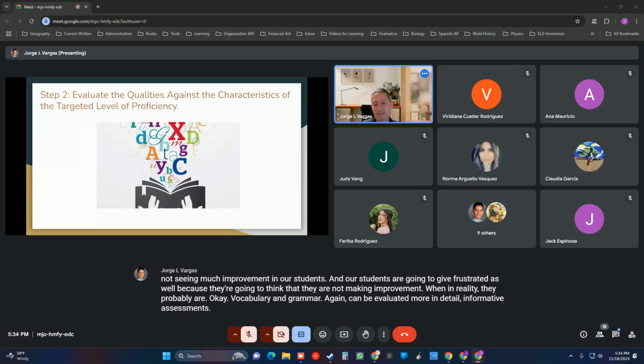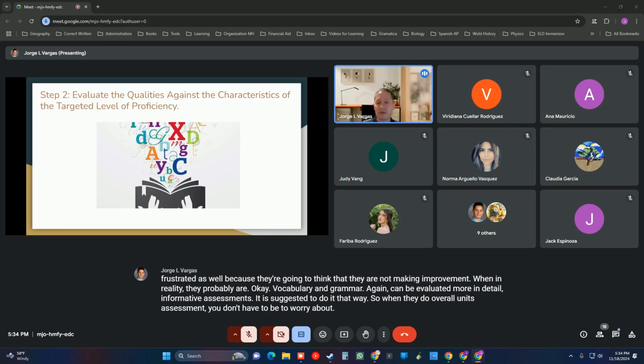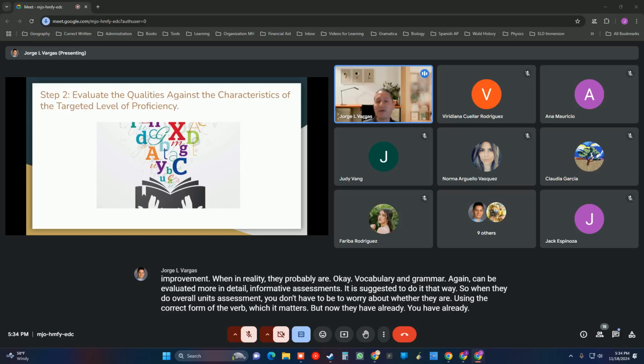Now remember that the actual performance guidelines present proficiency targets that help set realistic expectations to evaluate quality performance at each level. So you can always visit ACTFL for the proficiency levels.